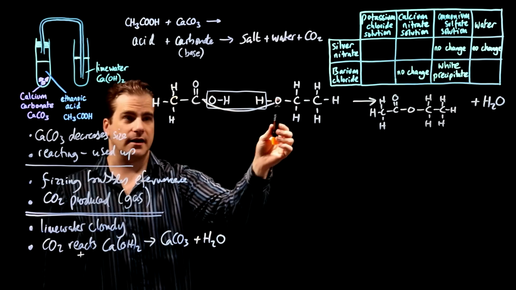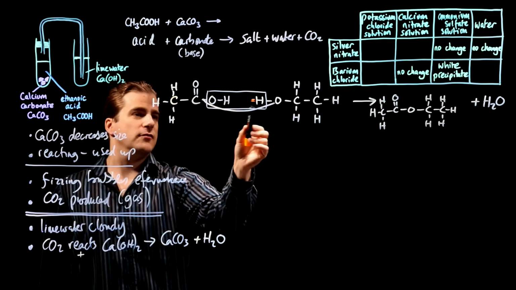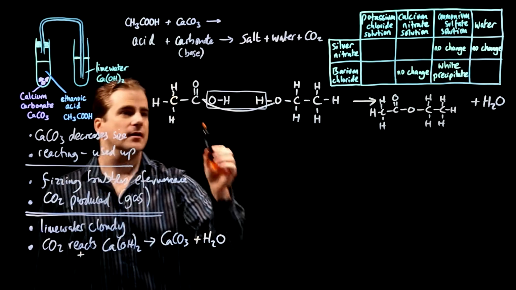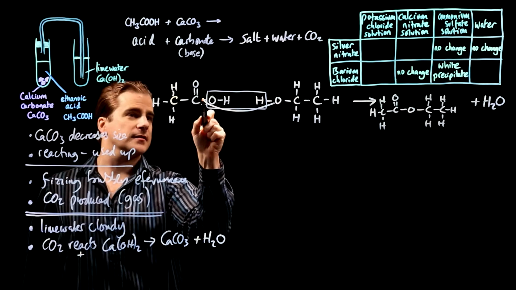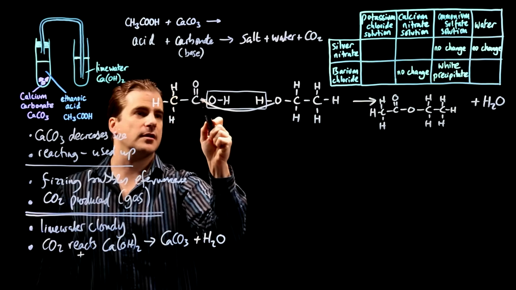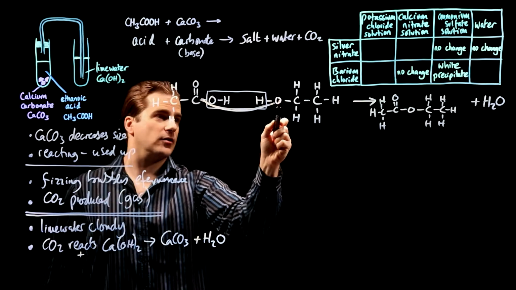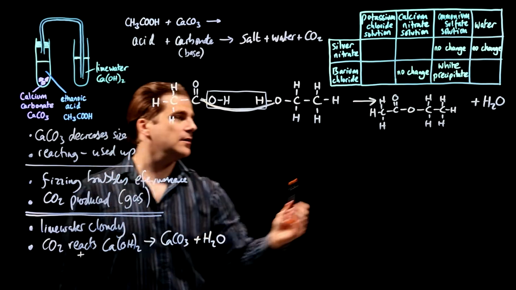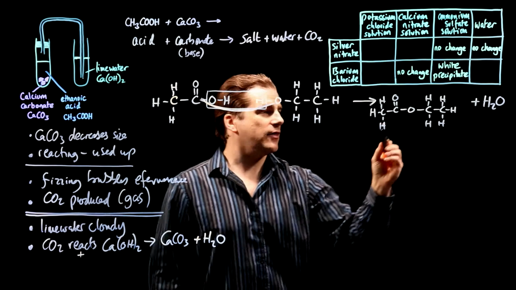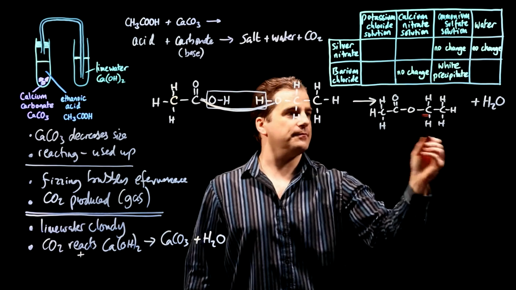Draw them next to each other like this. Remove that H and this OH, that becomes the water, and just do a single bond straight from this carbon with the double bond to the oxygen, straight to that oxygen of the alcohol. And that is that bond there, and that is an ester.